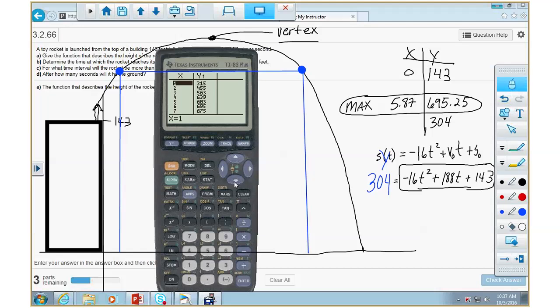You could hit second function, table set, which is window. No. Let me see. Is it? I thought it was format. No. And type in 0.5 and hit second function table.